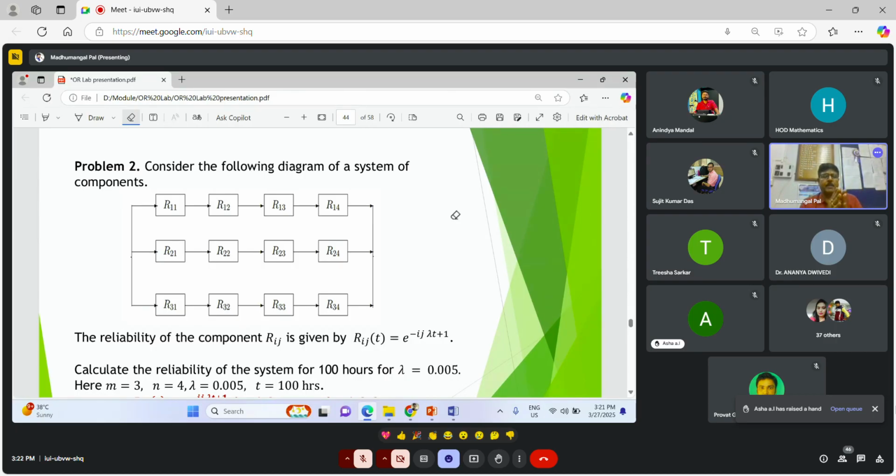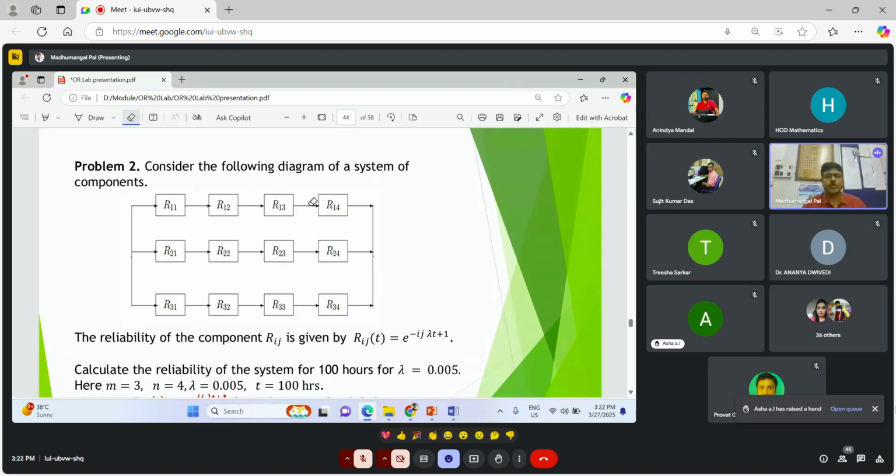All the components are connected by series connection or parallel connection. We heard these terms, series connection and parallel connection, during the study of physics, in electrical circuits.